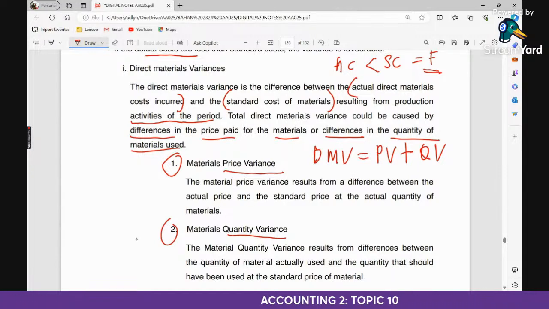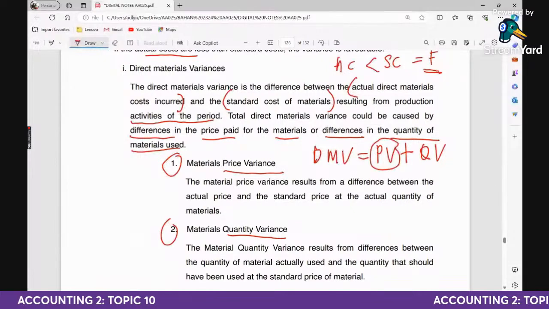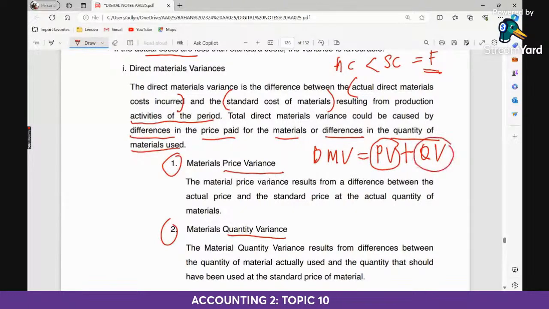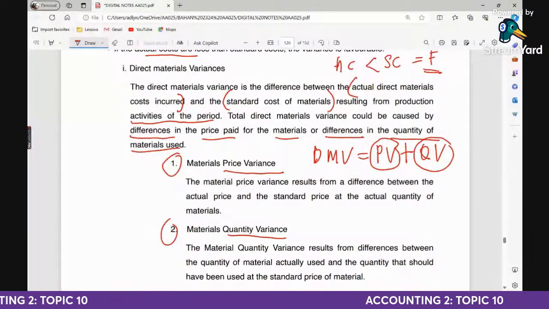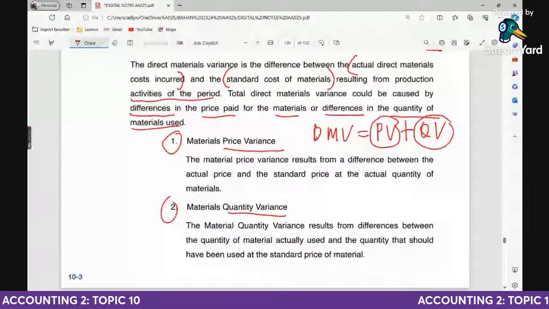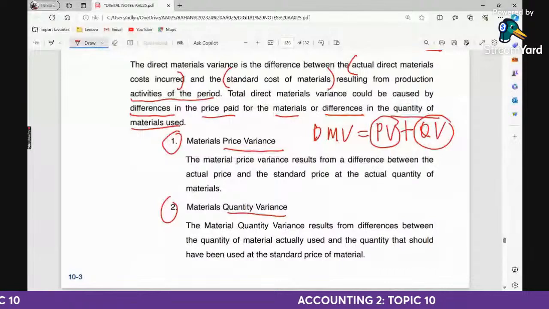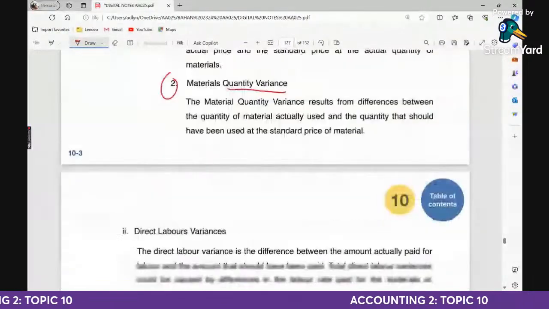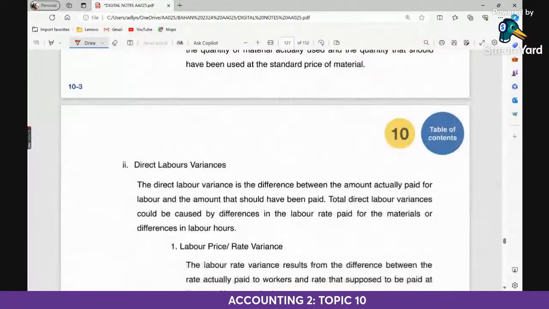Yang pertama saya kena kira ialah price variance, di mana saya melihat beza antara harga sebenar dengan harga standard. Dan saya akan kira juga quantity variance, di mana I tengok differences between my actual quantity and my standard quantity. Okay, so dua ni dapat jumlah kan? You akan dapat your direct material variance, dan kita kena buat juga kesimpulan sama ada dia favorable ataupun unfavorable. Okay, alright. So that is for direct material variance.